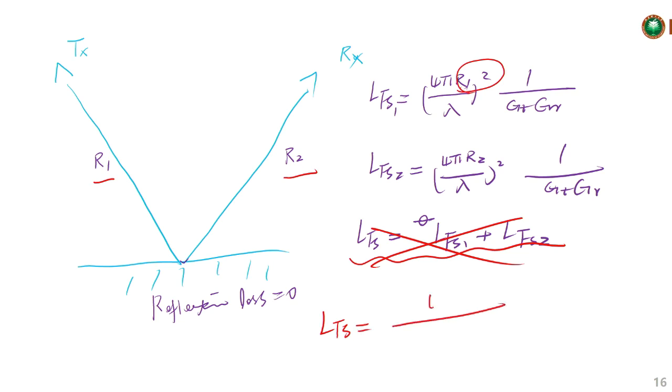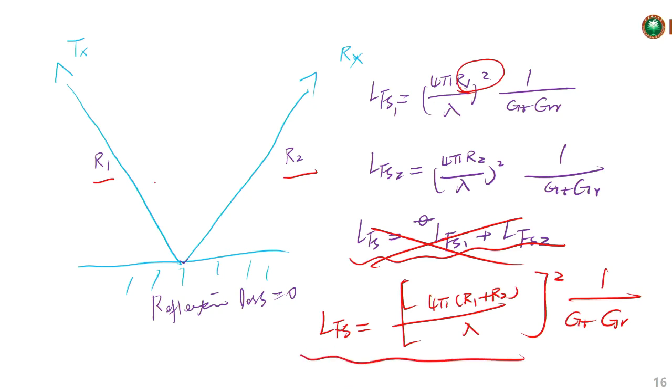So what we should do is it equals 4 pi (R1 plus R2) square over lambda square, 1 over Gt, 1 over Gr, should be expressed by this equation. We should add the distances together to calculate the path loss.